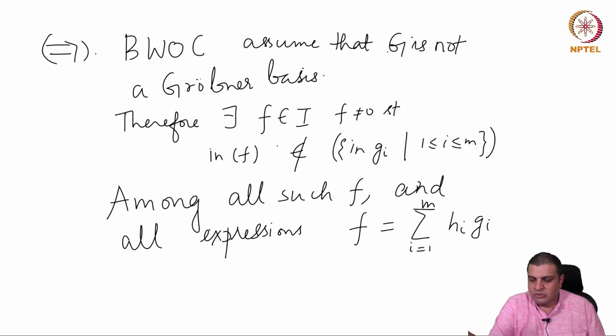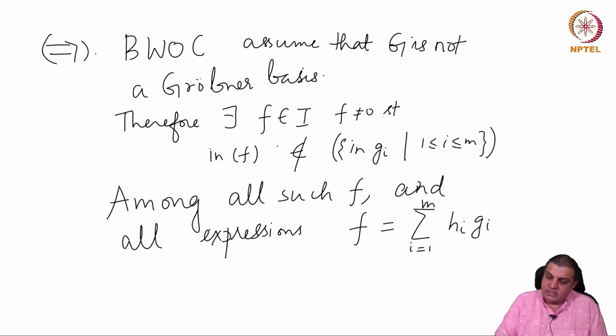That's the hypothesis, and then we are assuming that it is not a Gröbner basis. So F can be written in terms of the Gi, but in(F) cannot be written in terms of the in(Gi).